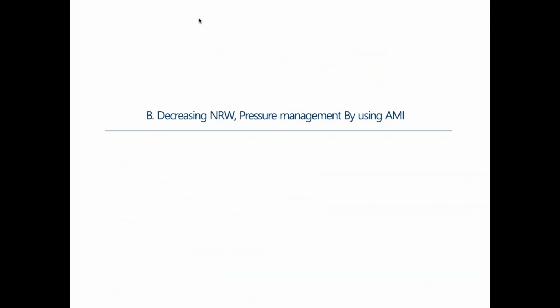And the next one is in the technology, decreasing non-living water by means of pressure management by using AMI. AMI means advanced measuring infrastructure.